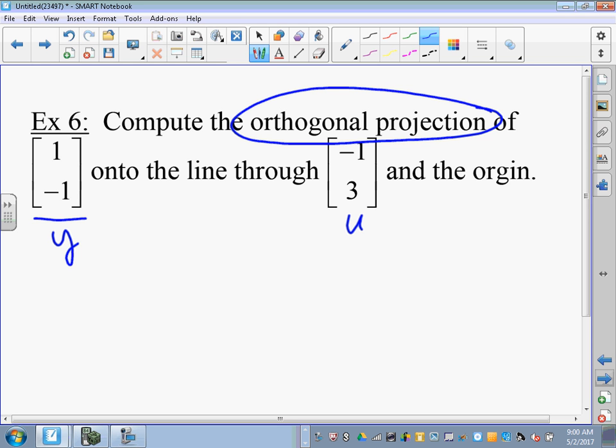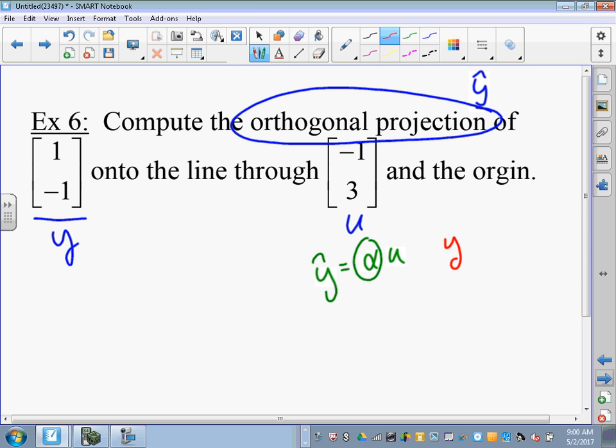Y hat, right? This is y hat. How do we find y hat? Yeah, we're going to find alpha. So y hat is alpha times u, right? But what is alpha?